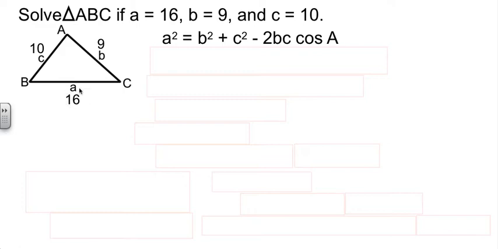So since A is the biggest side, 16 is bigger than either of 9 or 10, angle A will be the biggest angle. So I need to use the A version of the formula.